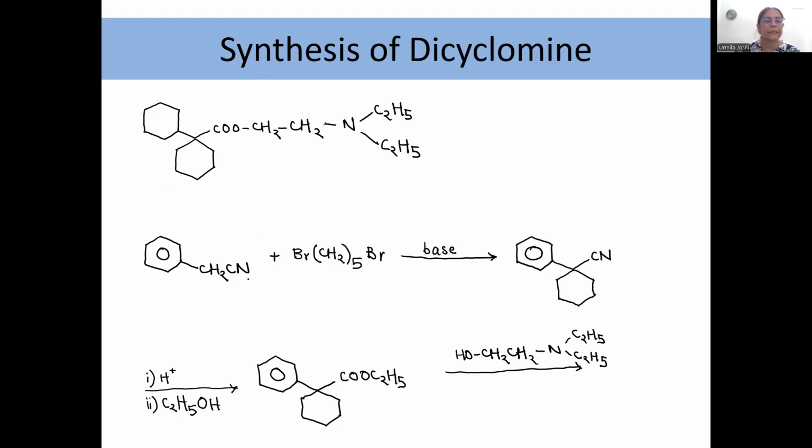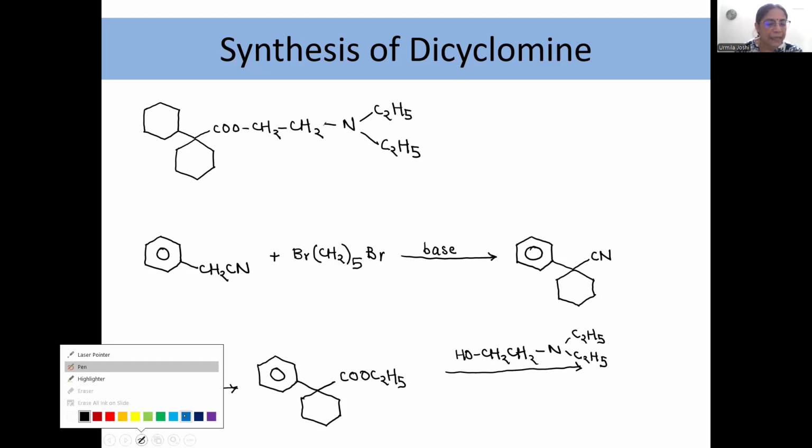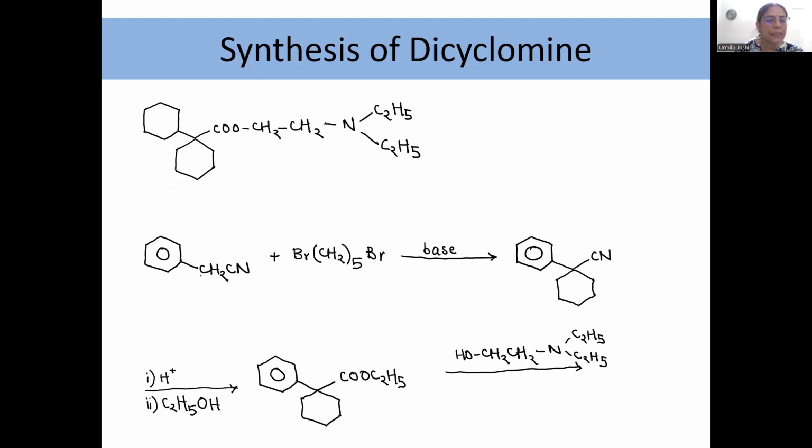Okay, you start with phenylacetonitrile. What is the characteristic of this phenylacetonitrile? This carbon has a phenyl ring on one side and cyanide on the other side. So this carbon can easily get converted to a carbanion in presence of a base.